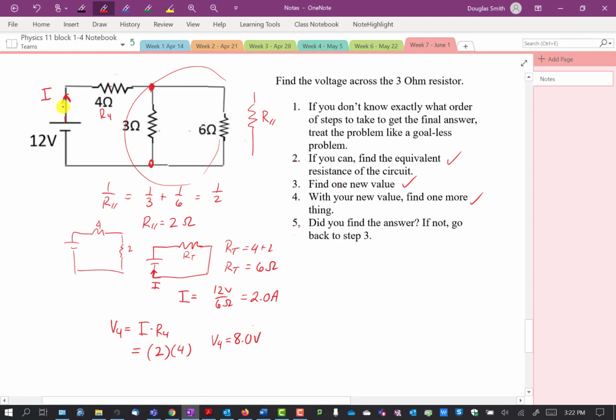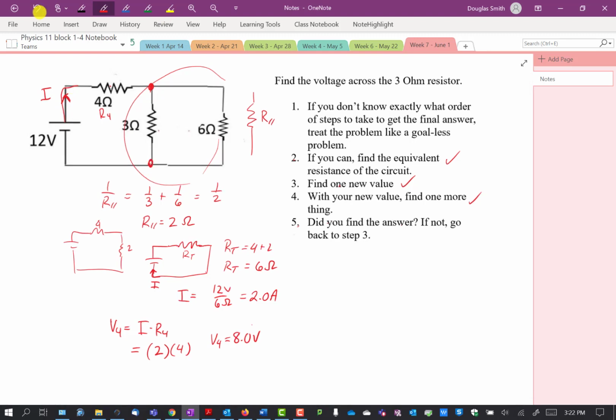So if I think of Kirchhoff's voltage law, the total voltage along that loop has to be 0. So the total gain is equal to the total drop. Each time the current goes across a resistor, the voltage drops. So the gain is 12 volts.